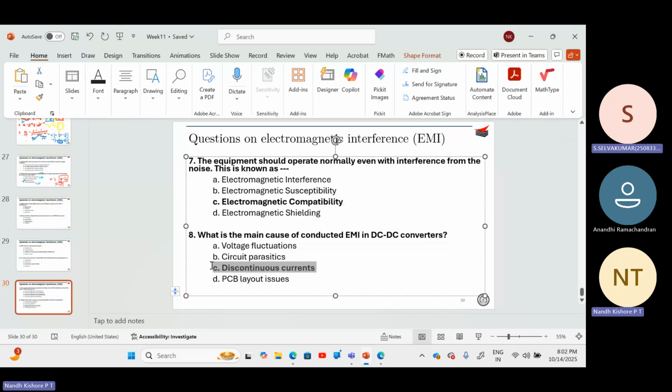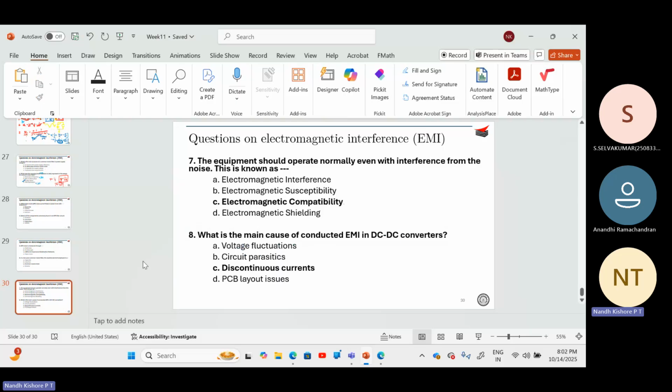Voltage fluctuation, no. Actually the answer is, for DC-DC converters, the main cause of conducted EMI is mostly discontinuous currents. The current through the inductor, you want it to be ideally constant, right? Inductor is a constant current source. But what happens is your current is getting discontinuous.